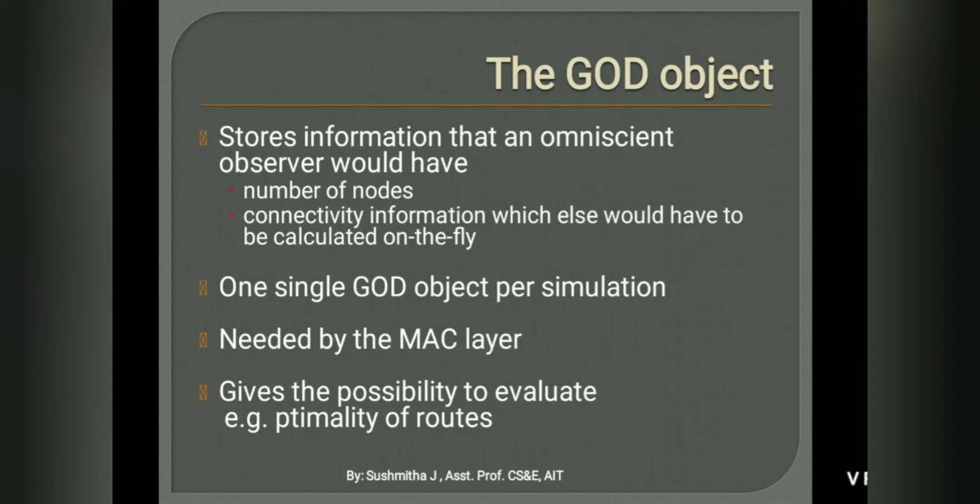For example, every time it keeps tracking the total number of nodes. As I told you, if some nodes have traveled out of the network, the number of nodes in the network reduces. So GOD is an object that is tracking this information.